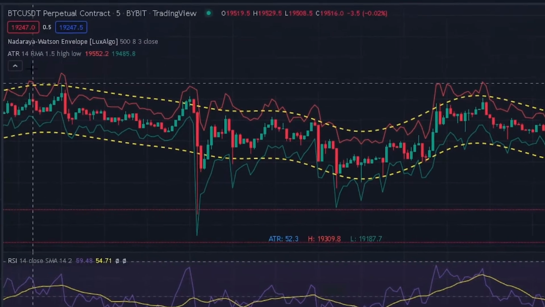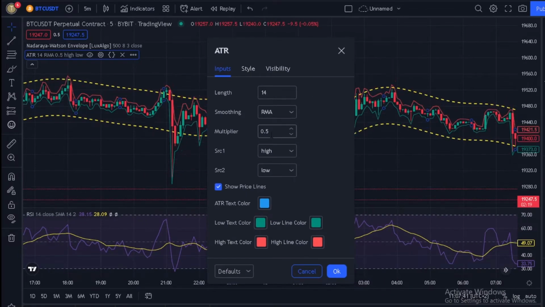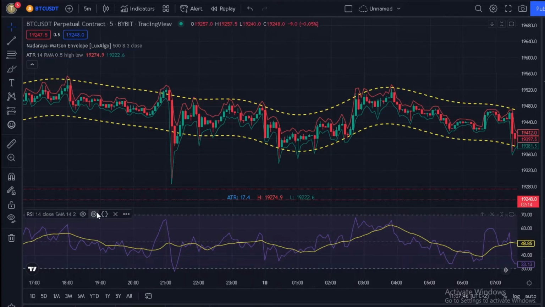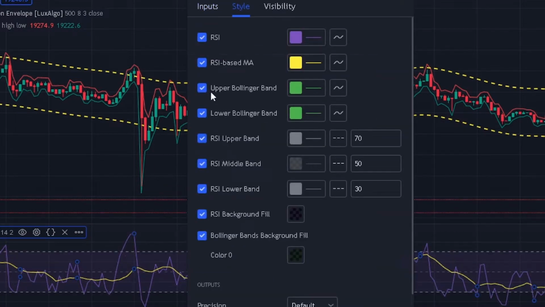After that, go to the ATR settings, and we want to change the multiplier from 1.5 to 0.5. Now we change the settings of RSI. First tap on settings and then change the length from 14 to 5, and now we want to remove the RSI-based MA. Then we also want to remove the middle band since we don't use it.